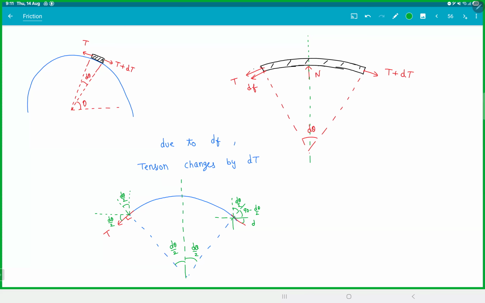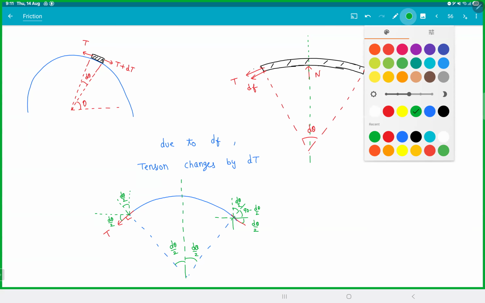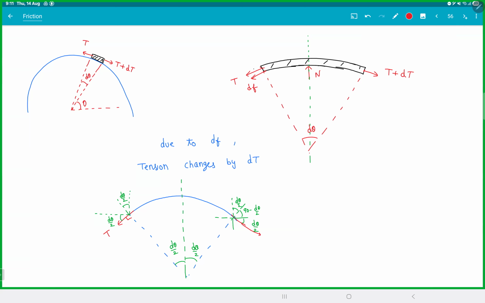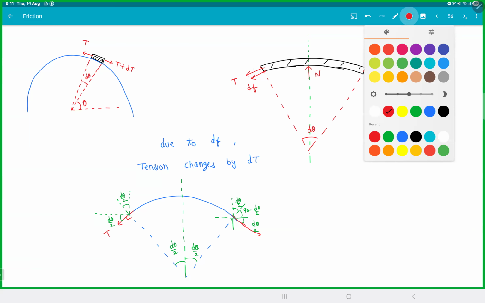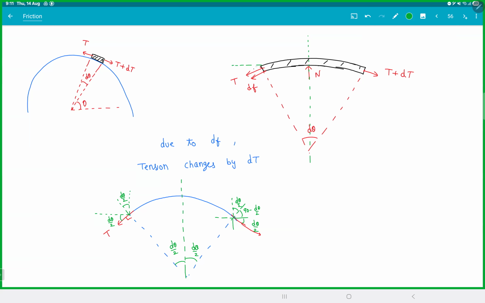This will be d theta by 2. So with the horizontal, this angle will be d theta by 2. With the horizontal, this angle will be d theta by 2. And remember, d theta is a very, very small angle.